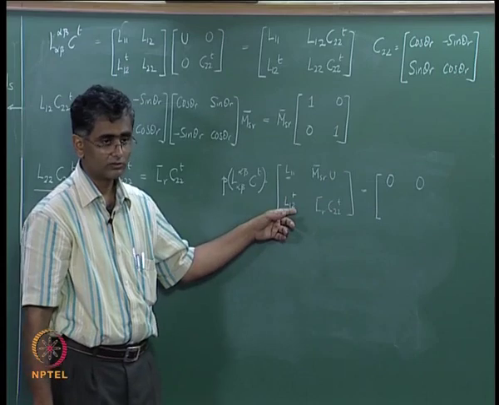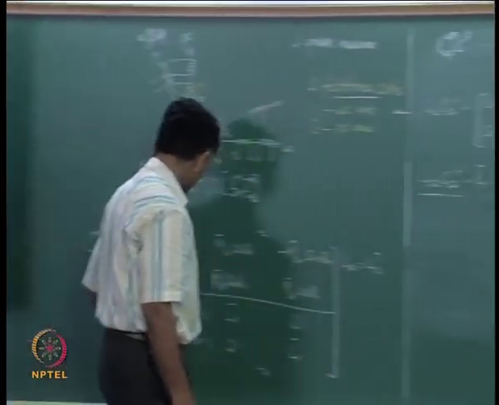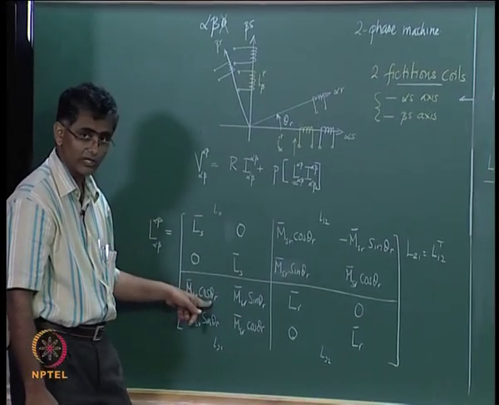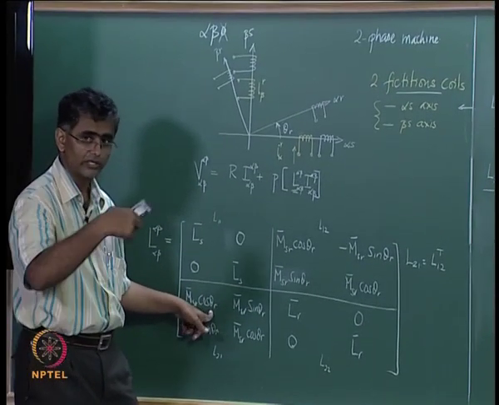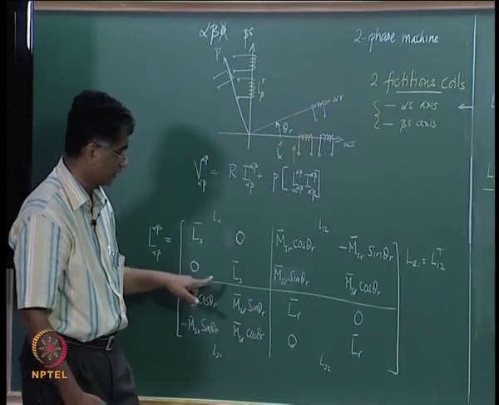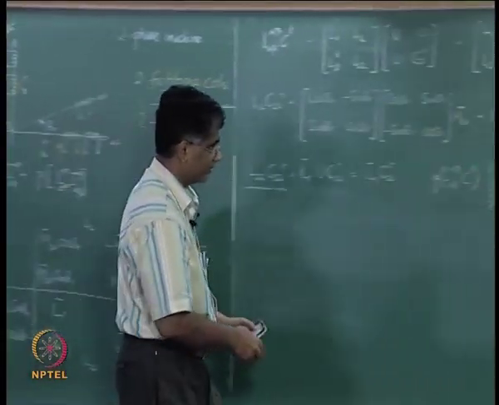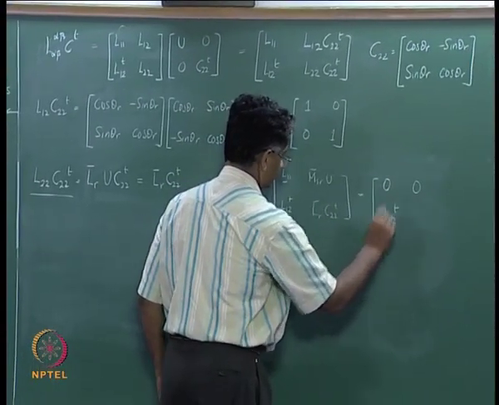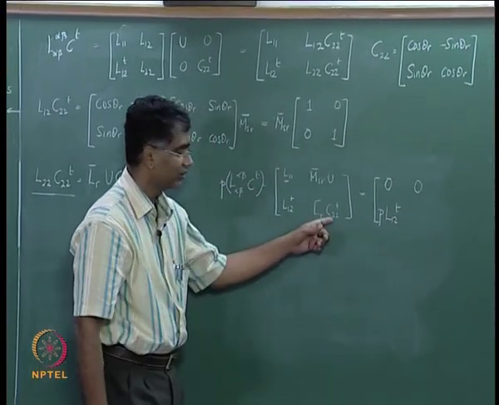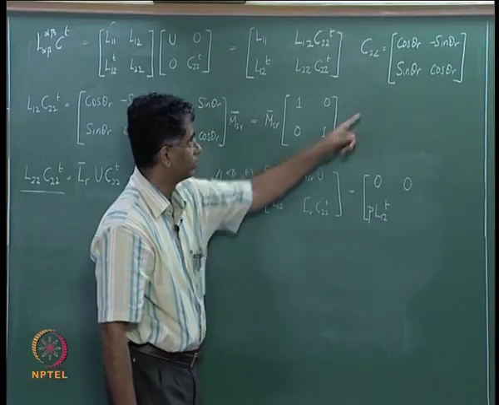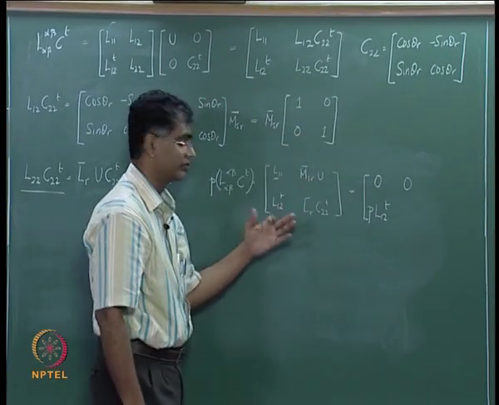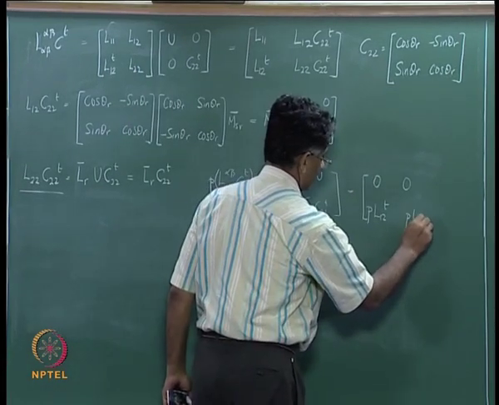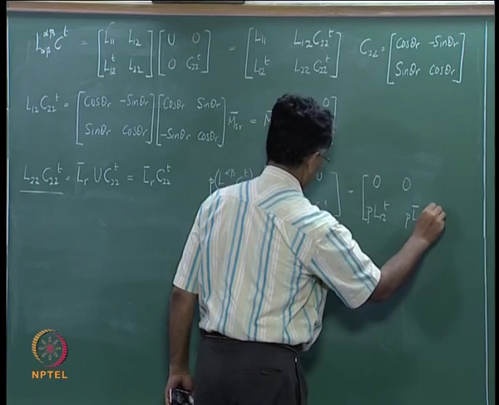L12 transpose, L12 is a matrix that is varying with respect to time because there is rotor angle, and rotor angle is going to change continuously as the rotor rotates. This will vary with respect to time. So this is P L12 transpose, and here you have C22. C22 again has the rotor angle here, therefore C22 also varies with respect to time. So therefore this is P LR bar into C22 transpose.